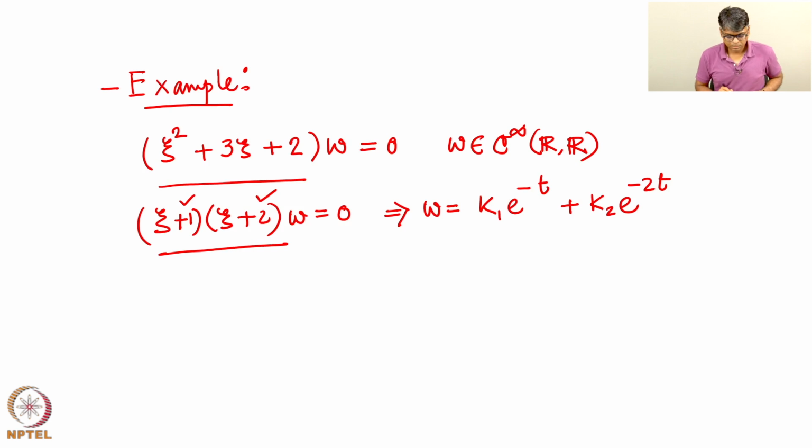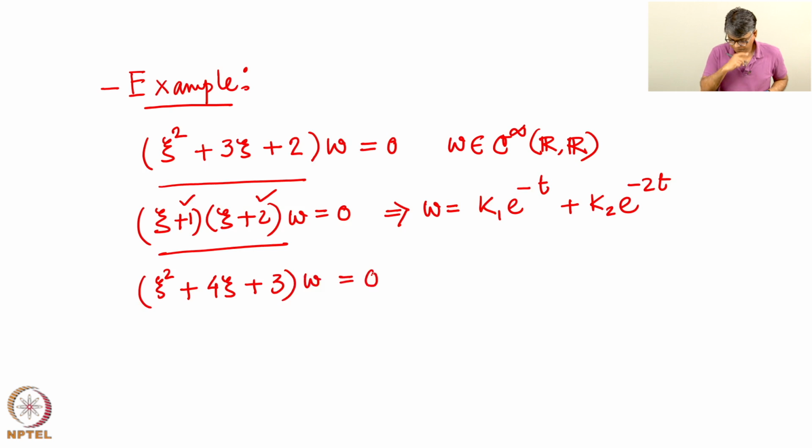Okay. Now, what if we have another equation, for example, let us say ξ squared plus 4ξ plus 3. I am sure you can understand where it is going. This is my equation number 1 and this is my equation number 2.